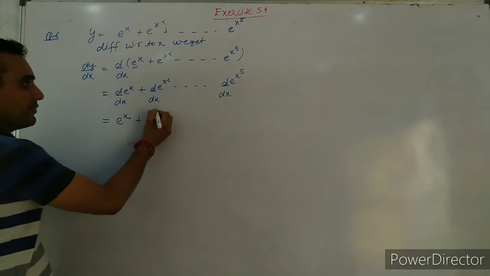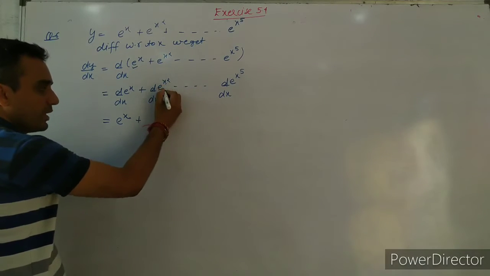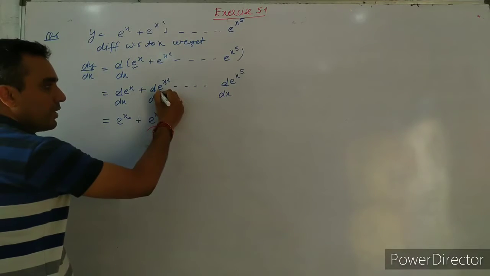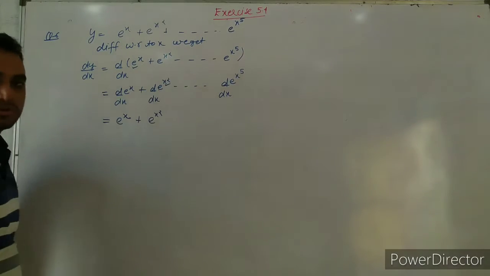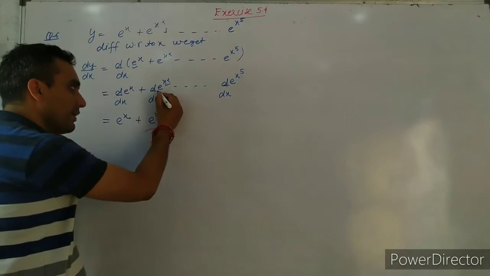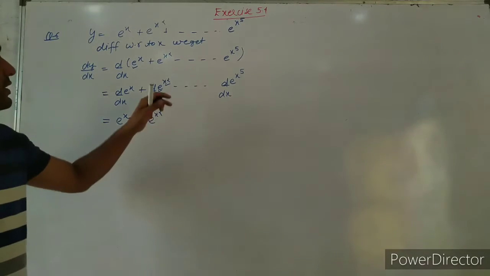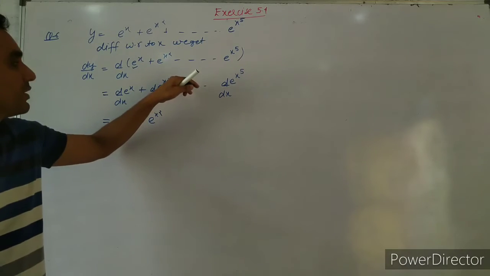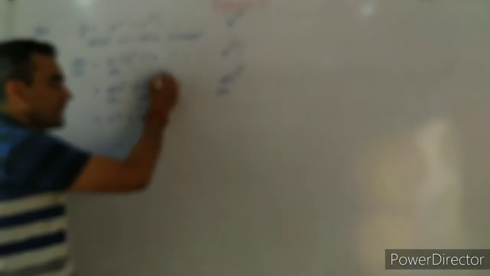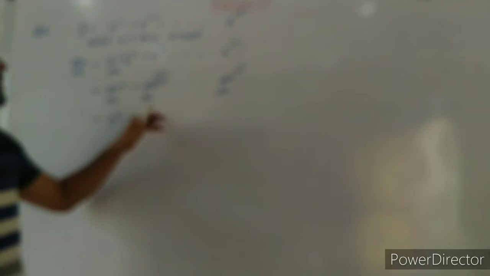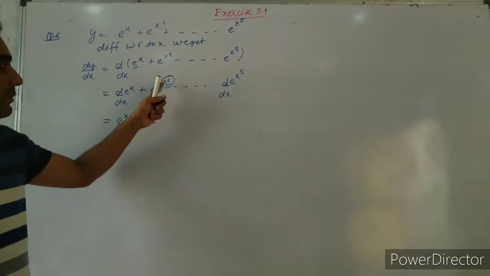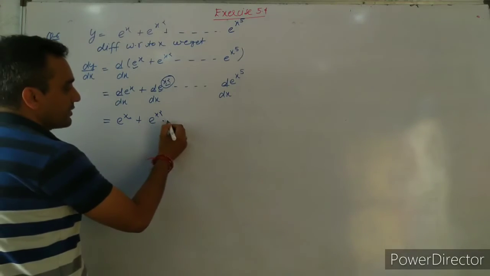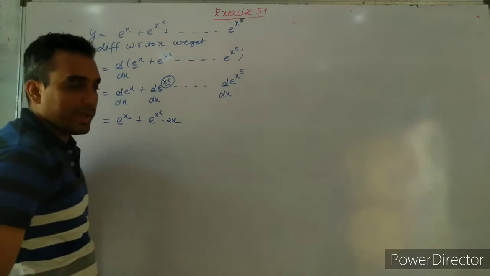Again, differentiating e to the power x square will give me e to the power x square, but now I have to differentiate x square also, because at the place of x I am having x square. So e to the power x square, and now I differentiate x square, and the differentiation of x square will give me 2x.